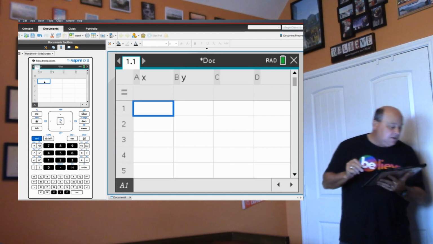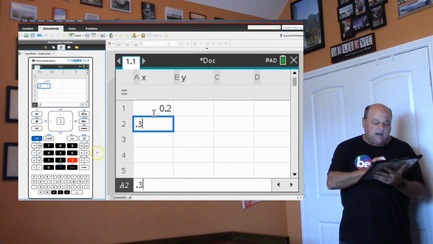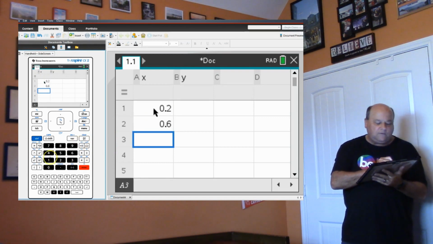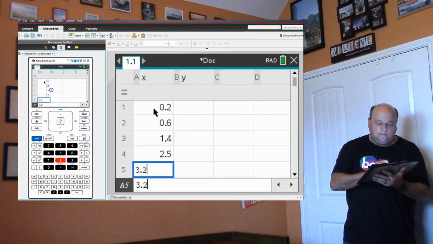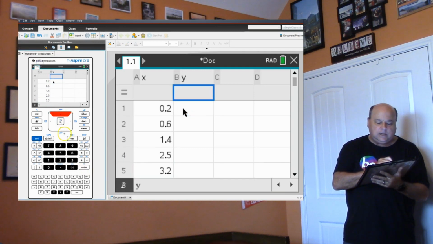Now then, I'm going to type in the table, which is 0.2, enter, 0.6. I would type in all of your X's first. 1.4, 2.5, and 3.2. Now then you go back to the top. You got to be at the top, okay, right here.